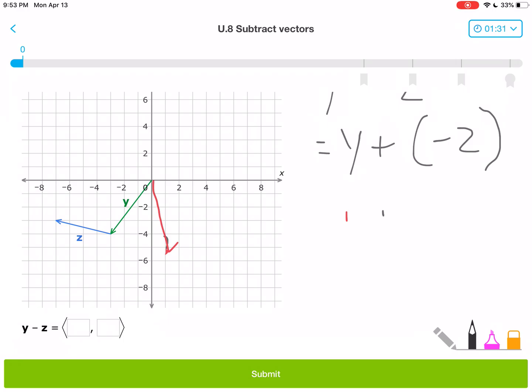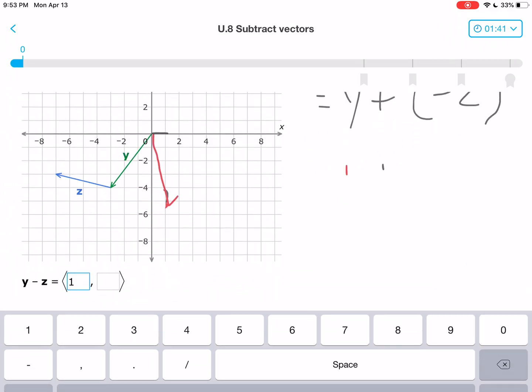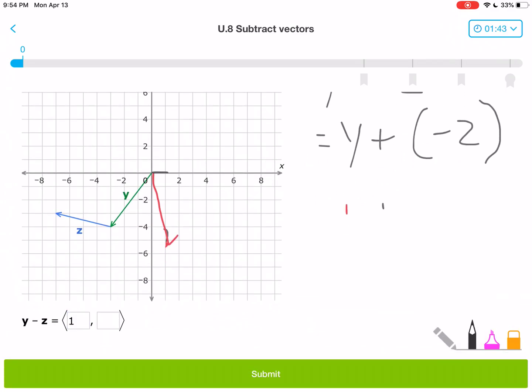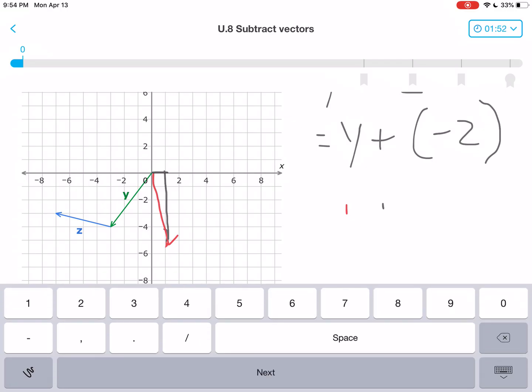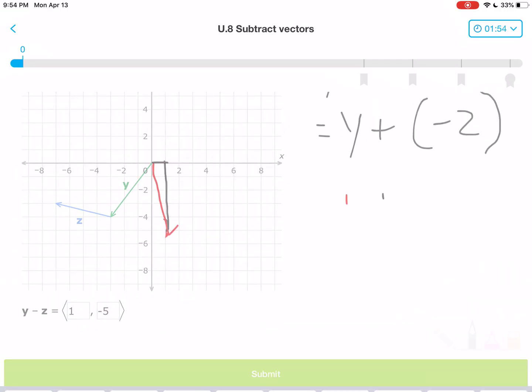Okay, so my horizontal change is positive 1 from my initial point, so I'm just going to put 1 there. And my vertical change is 1, 2, 3, 4, 5.